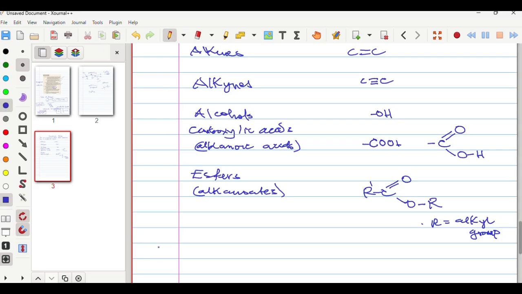I'll give you a basic explanation. An alkyl group is an alkane minus one hydrogen atom. Alkane minus one hydrogen atom.